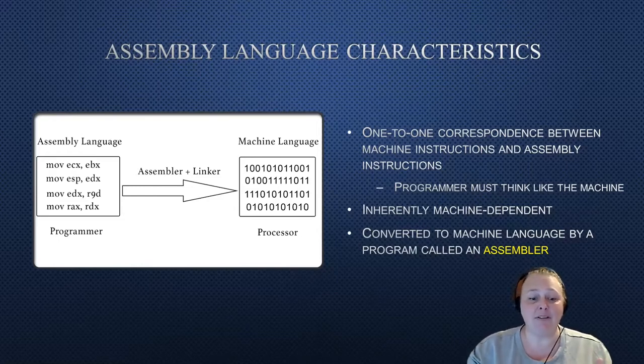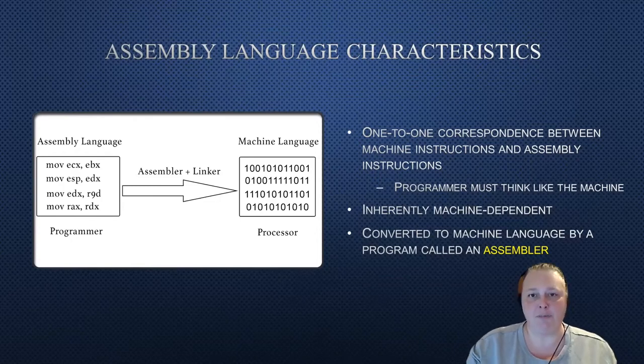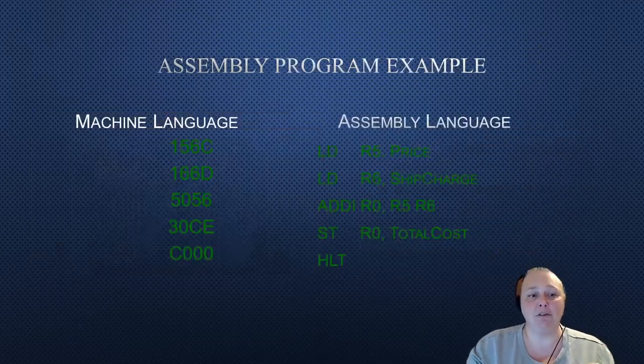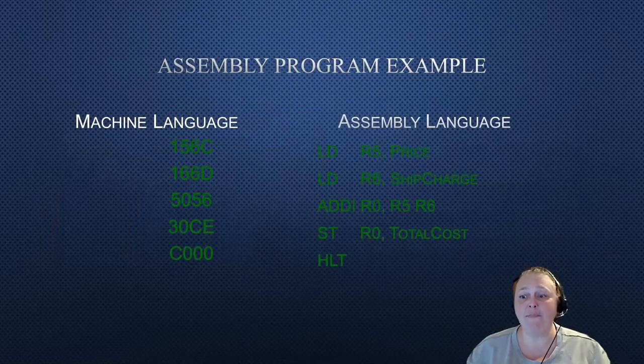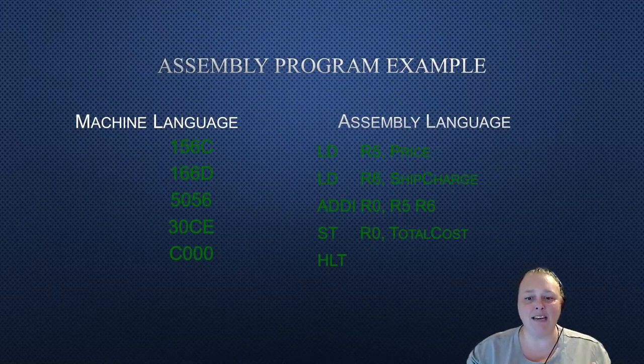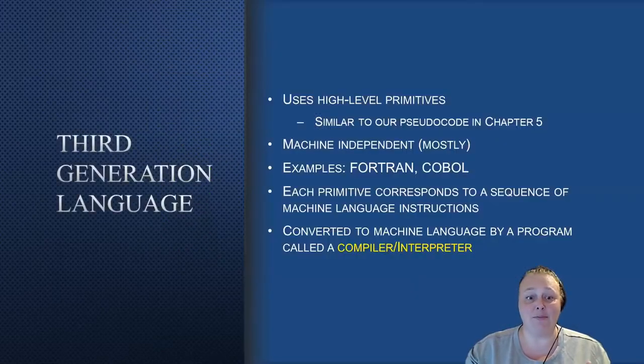Now, each language is going to have some sort of translation, because everything has to be translated into machine language unless you're using machine language itself. Here's an example of how assembly language looks compared to machine language. Yes, the machine language is difficult to understand, but the assembly language mnemonics, to me, are not much easier. This is where the third generation of languages comes in and where it was developed.